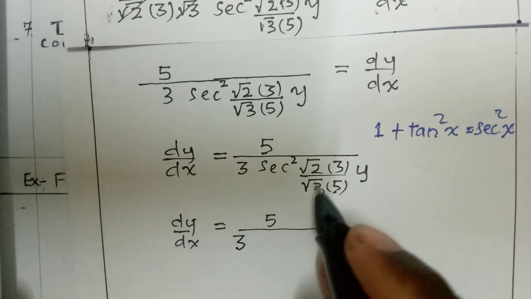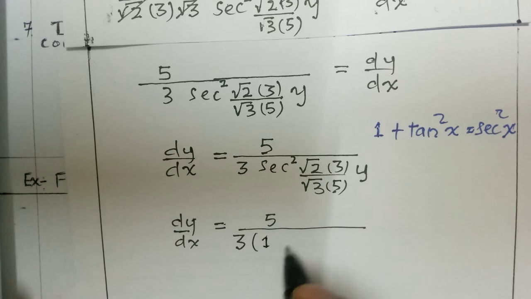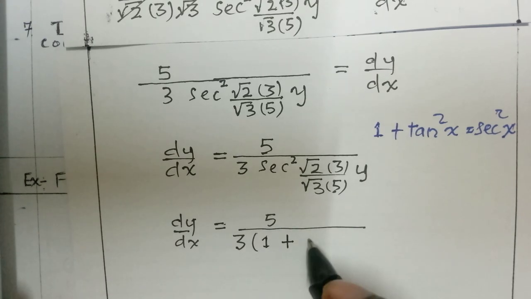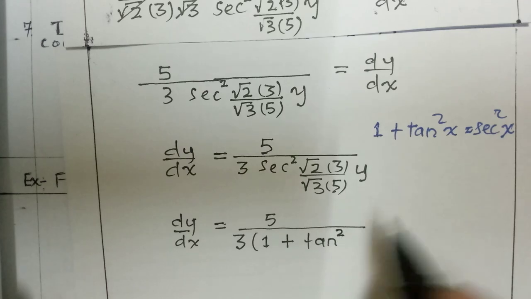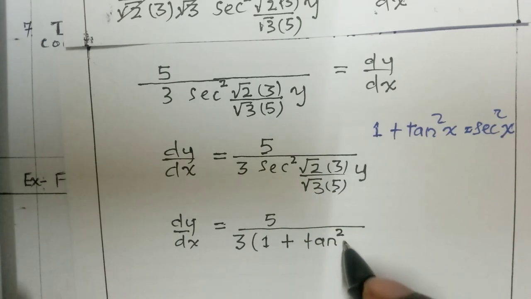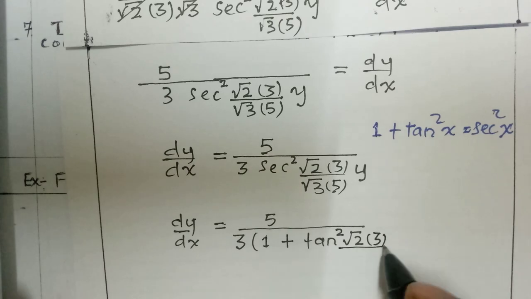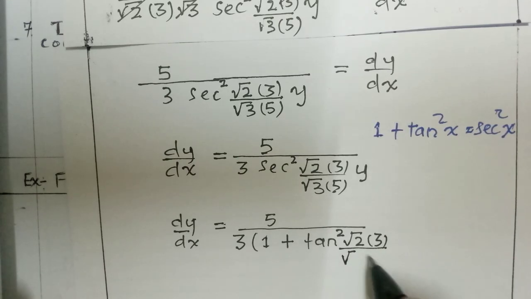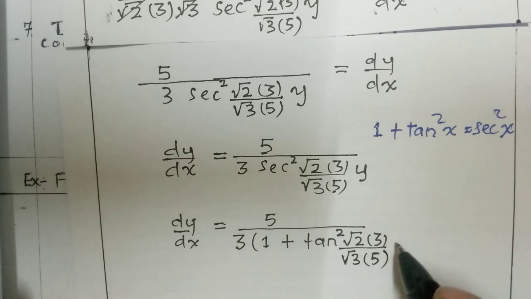We now write, according to that, it will be 1 plus tan squared, now the whole of this, square root of 2, then we have 3 there, all over square root of 3, then we have 5 there, and then y.